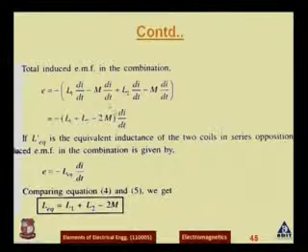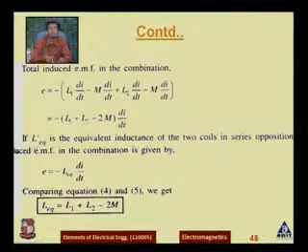So if you find the total induced EMF in the combination, then E is equal to minus L1 dI by dt minus M dI by dt minus L2 dI by dt minus M dI by dt. So we have to add all these four quantities. So what will we get? E is equal to minus, taking as common, (L1 plus L2 minus 2M) dI by dt.